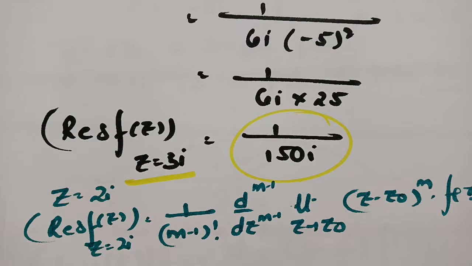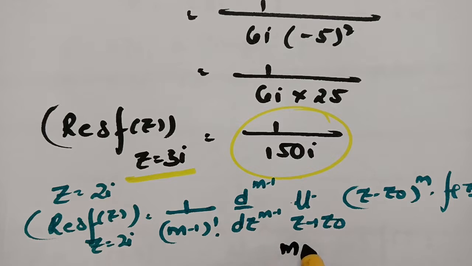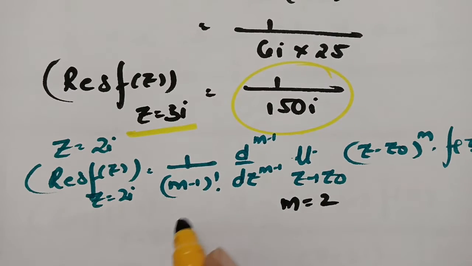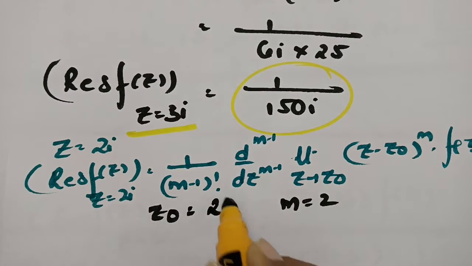So in this formula, what is our m? m is nothing but the order. So this is of order 2, and z naught is nothing but the pole value, that is 2i.